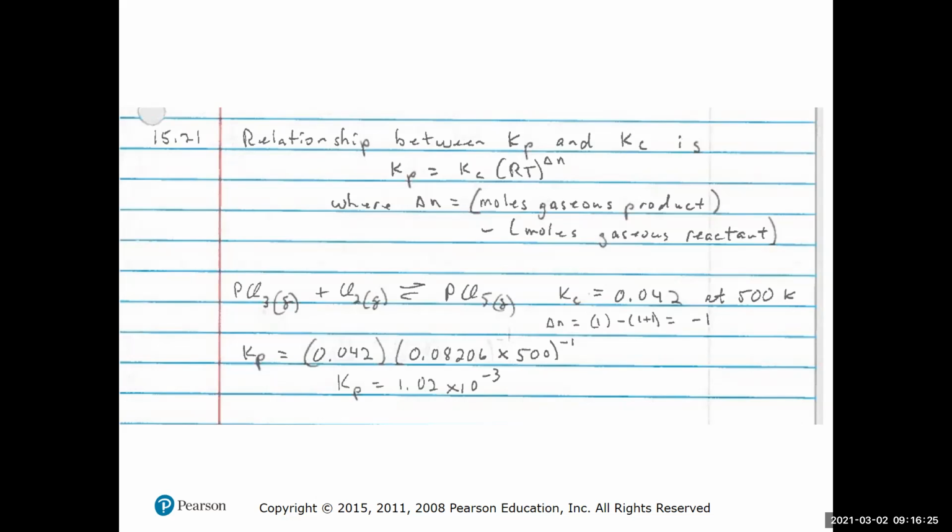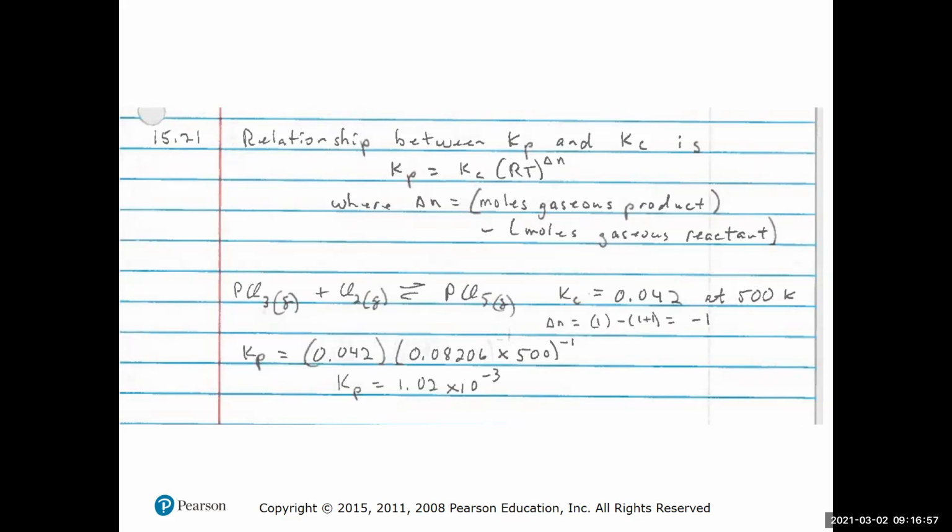If you recall, there was a relationship between K sub P and K sub C: K sub P equals K sub C times RT raised to the delta N. That delta N is the moles of gaseous product minus moles of gaseous reactants. R is the gas constant, T is the temperature in Kelvin.